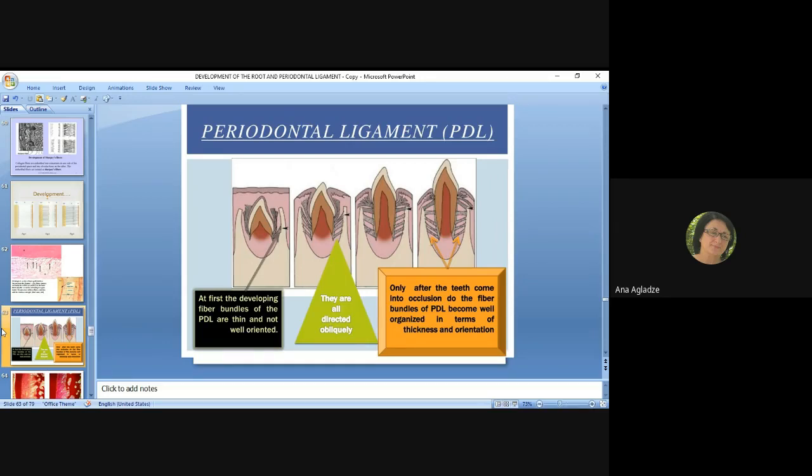Among other characteristics, periodontal ligament fibroblasts have a higher proliferation rate and form more alkaline phosphatase and cyclic adenosine monophosphate than gingival fibroblasts. And there are also other differences between the normal fibroblasts and periodontal ligament fibroblasts.